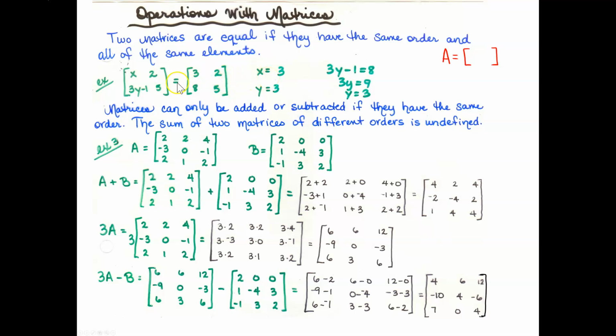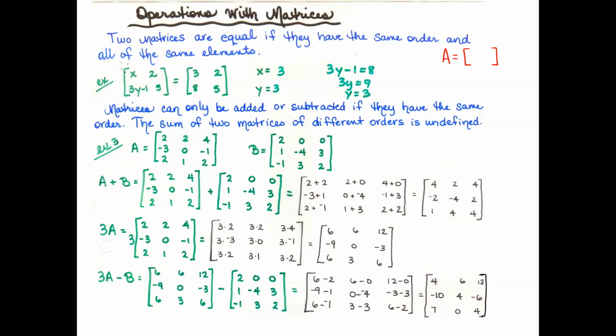Then you can see 2 is equal to 2. And 3y minus 1 would have to be equal to what? 8. And then 5 is equal to 5. So if 3y minus 1 is equal to 8, then we would be able to solve that to figure out what y would be as well.